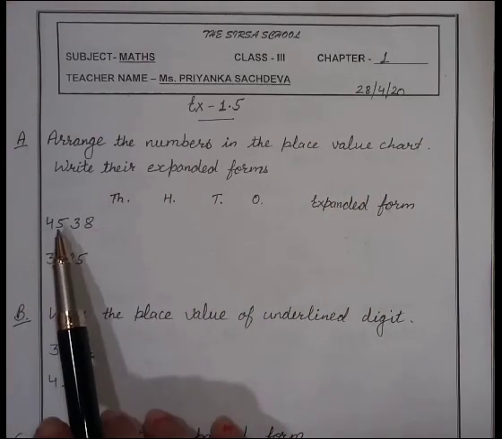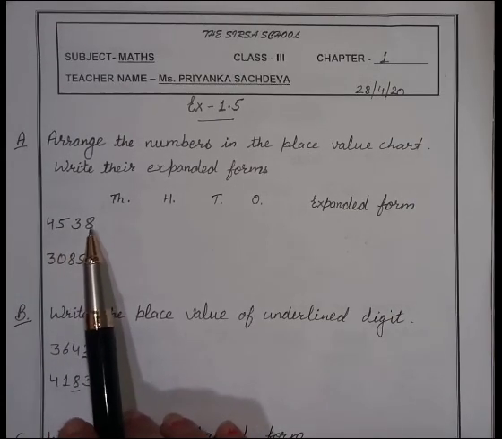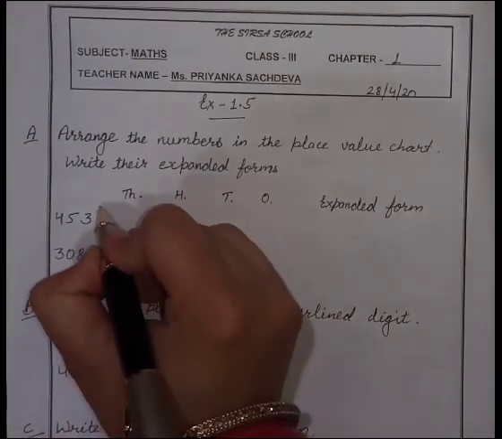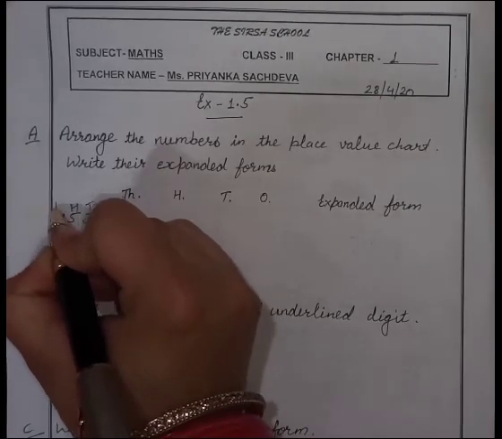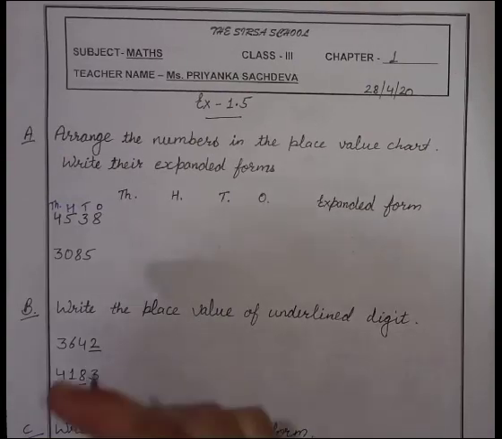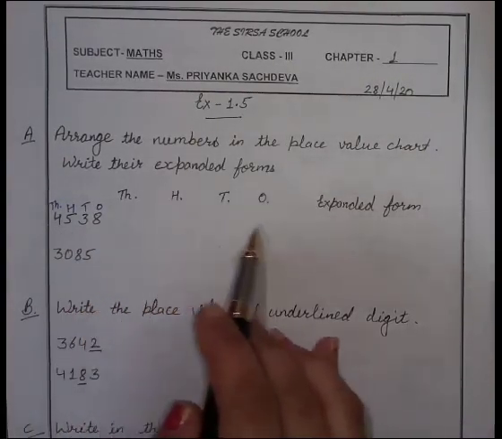We have here the number 4538. Here you know that this one is ones place, then tens, then hundreds, and then thousands place. Now these digits we will write in this chart.